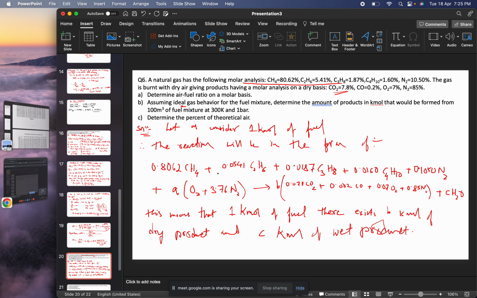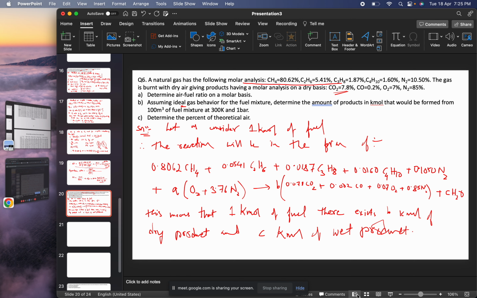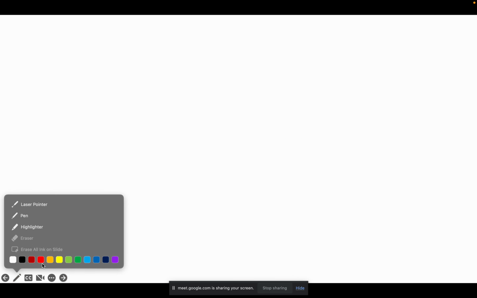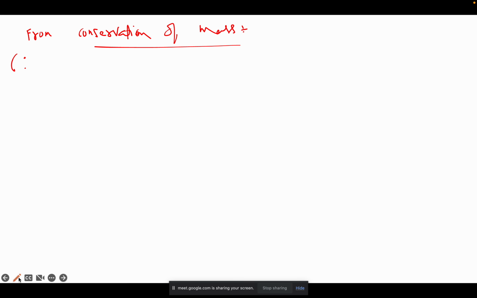Now from conservation of mass, we'll do the balance for carbon.